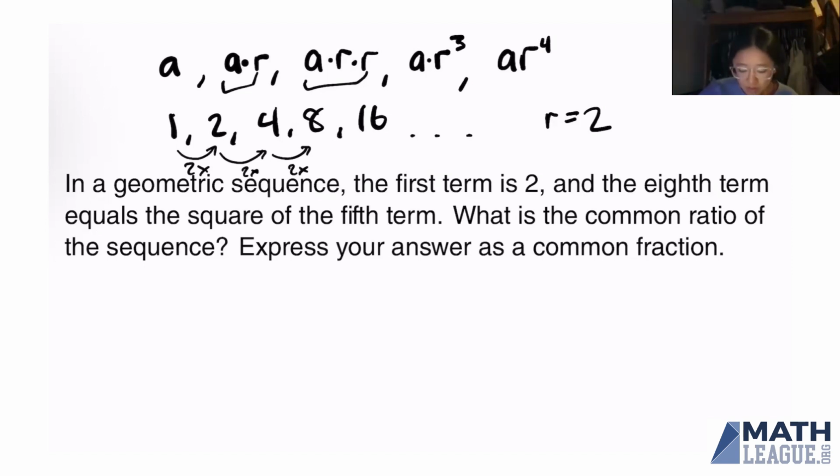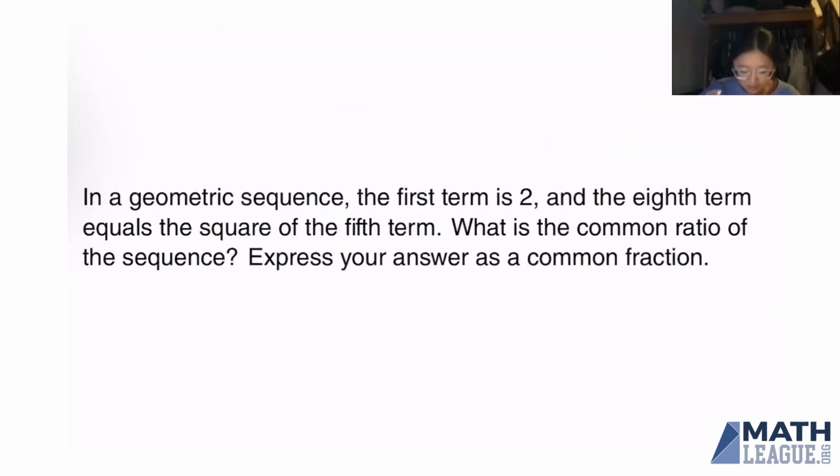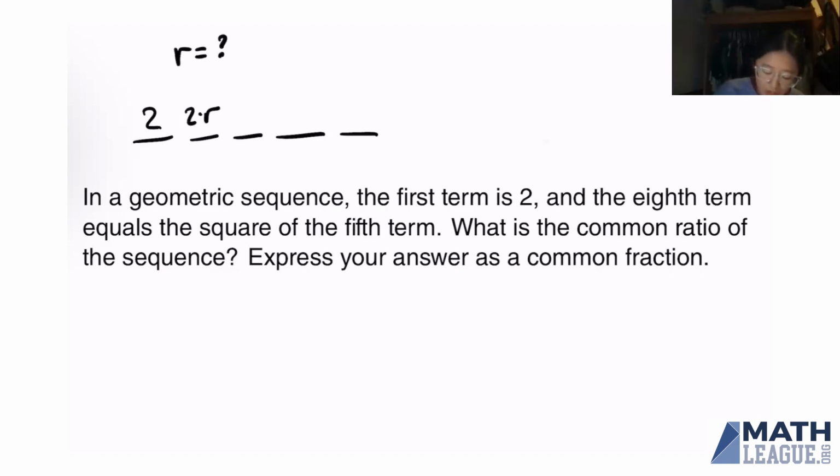Okay, now that we are well-versed on geometric sequences, we are told that we have one where the first term is 2, and we have a common ratio r, and we want to find r. The second term is 2 times r, the third term is 2 times r squared, the fourth term is 2 times r cubed, and the fifth term is 2 times r to the fourth.